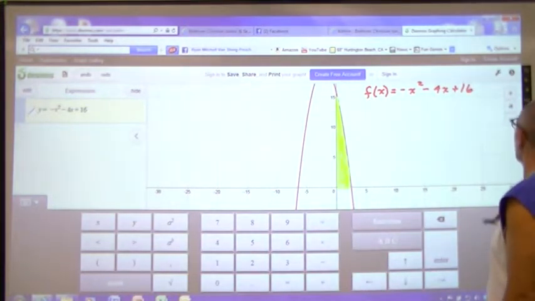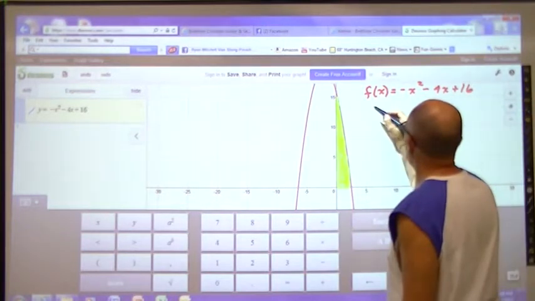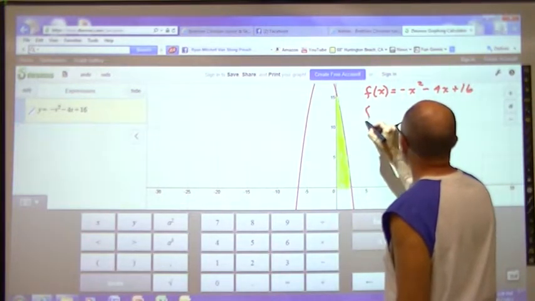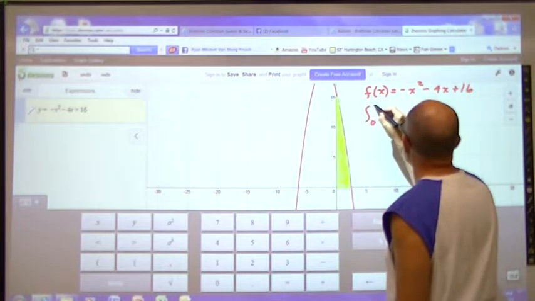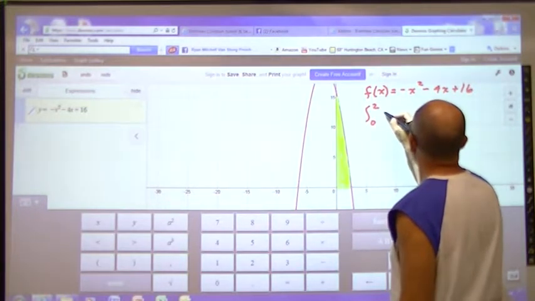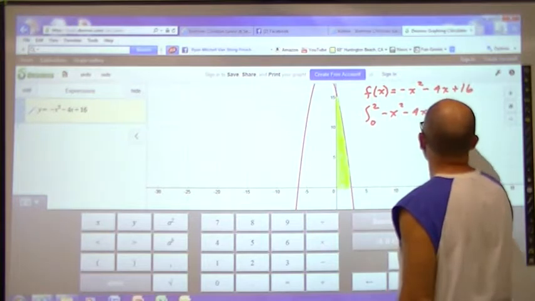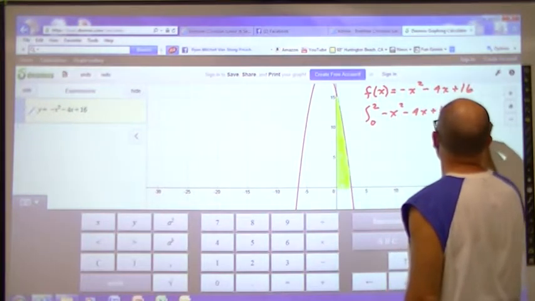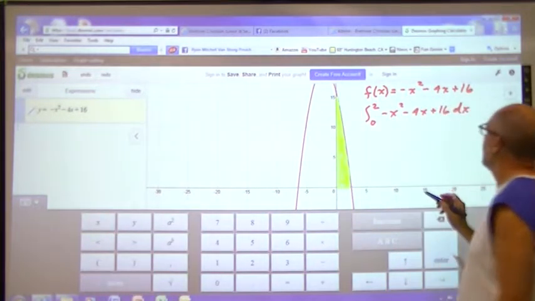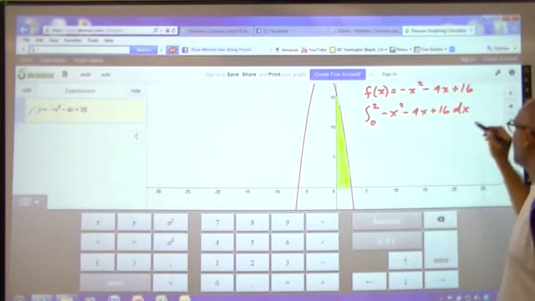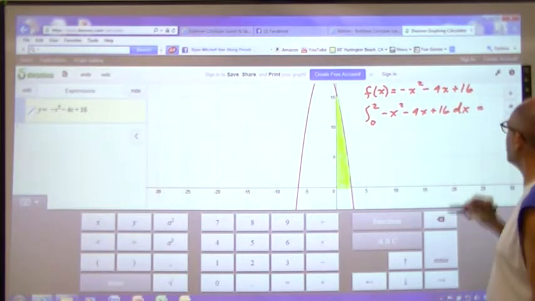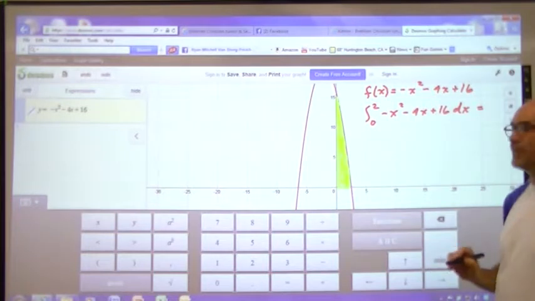All right, so the integral from 0 to 2 of negative x squared minus 4x plus 16 dx. So don't forget your dx here. Now this equals the antiderivative.